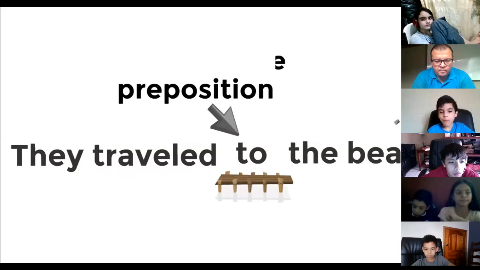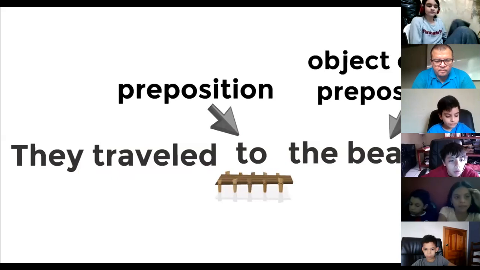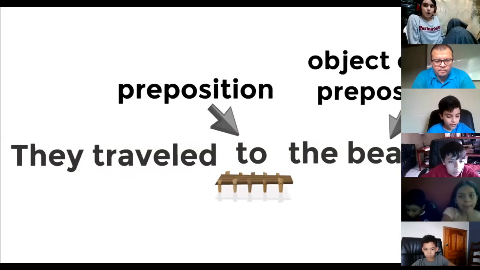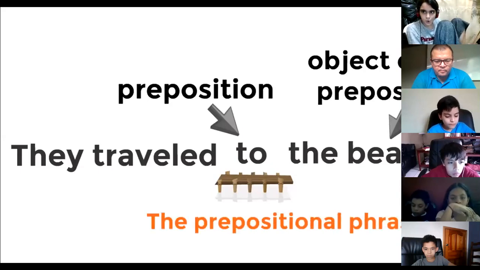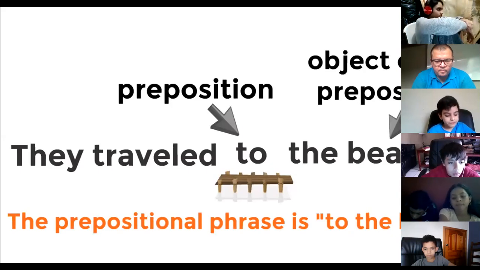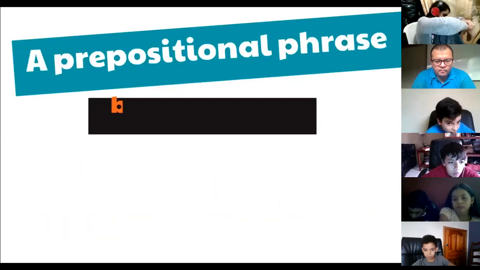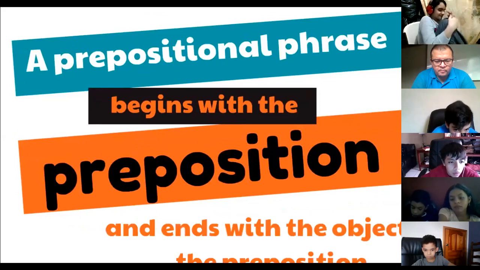Yeah, beach. Beach is the object of the preposition. It's the noun that is following the preposition. That means the prepositional phrase is to the beach. There are 3 words in this prepositional phrase. Remember, a prepositional phrase begins with the preposition and ends with the object of the preposition.